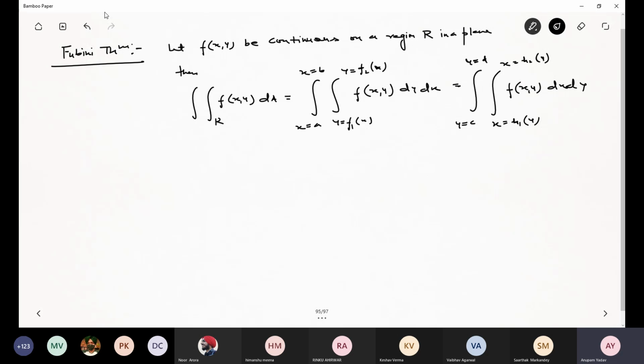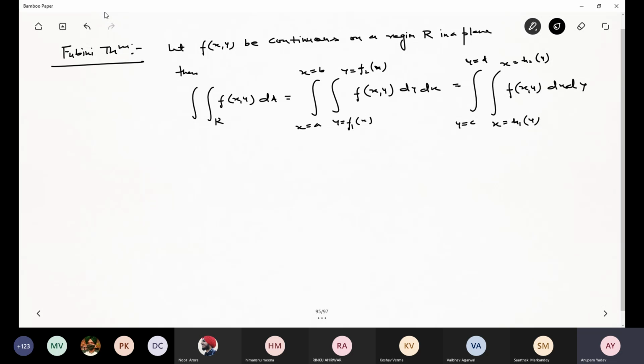So if f(x,y) is continuous on the region where we are executing this double integral, then whether you evaluate dy dx or dx dy, the values are going to be the same. This theorem gives the idea of when these repeated integrals will be the same.